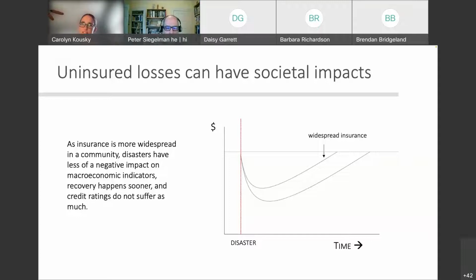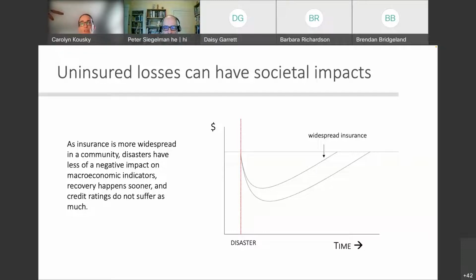So I see this as another area in need of much more research on the role of widespread disaster insurance on more societal level outcomes after a disaster. And we've heard anecdotal conversations with local officials that maybe there are also other pathways that haven't even been explored in the literature.